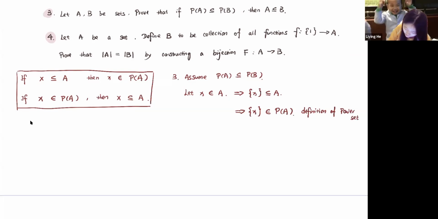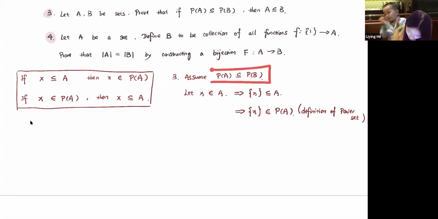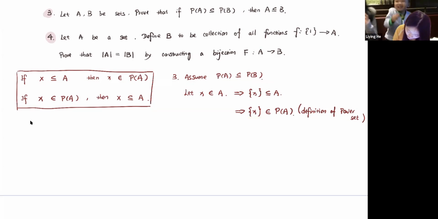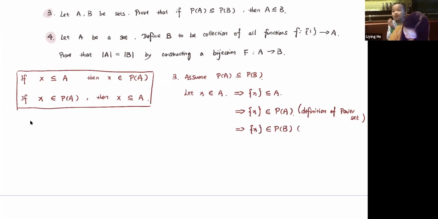And also we know that this is true. So since this is true, we know that this, the set of X, is also an element of the power set of B. This is because power set of A is a subset of power set of B.